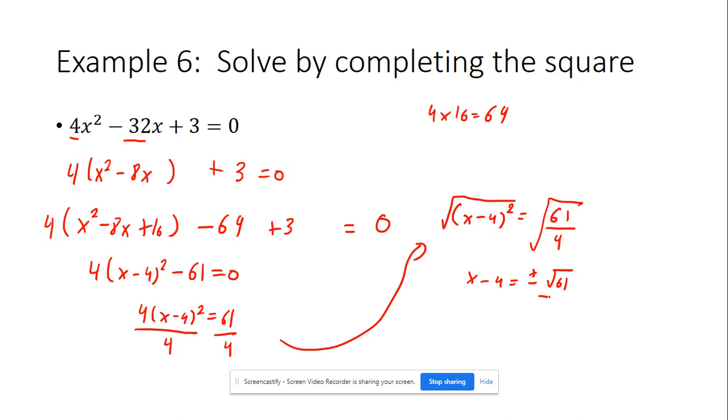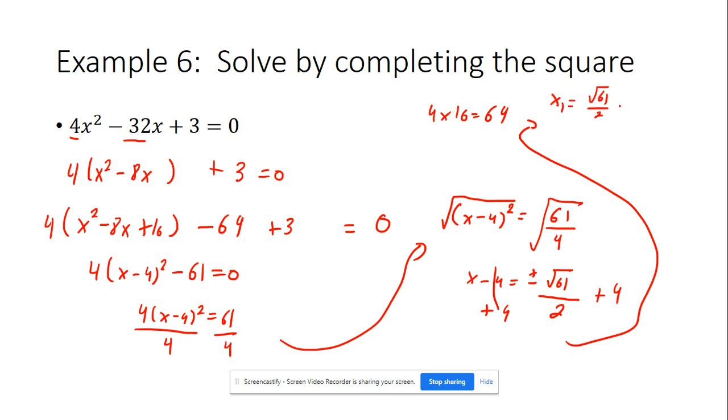But the square root of 4 is 2, just 2 like that. Okay, and now I'm going to add 4, and those cancel out. So my solution is x1 equals root 61 over 2 plus 4. x2 is negative root 61 over 2 plus 4.